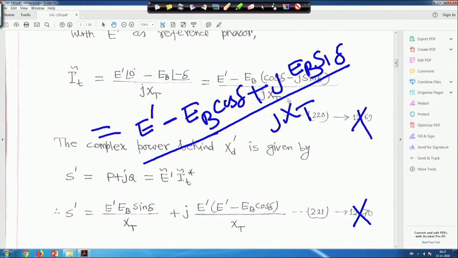If you multiply numerator and denominator by j, it will be something like this: minus, because j square will be minus 1.